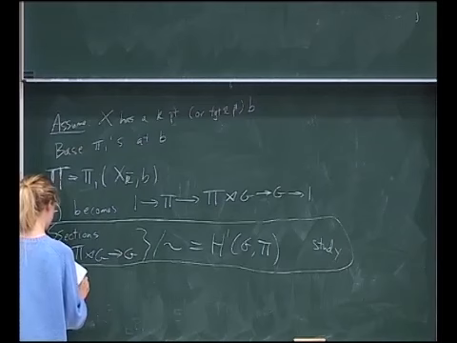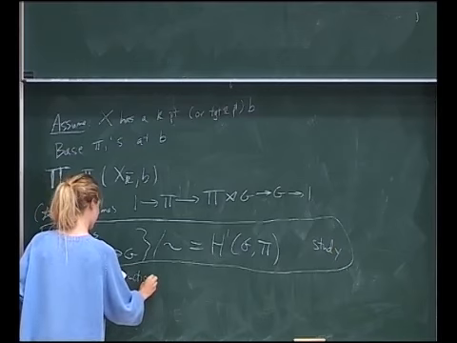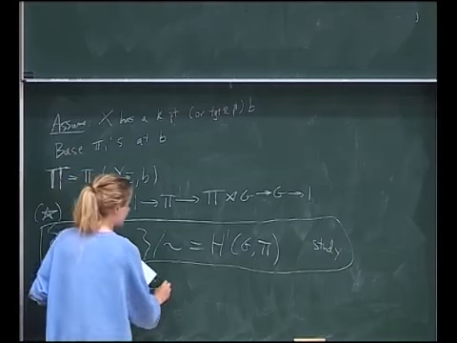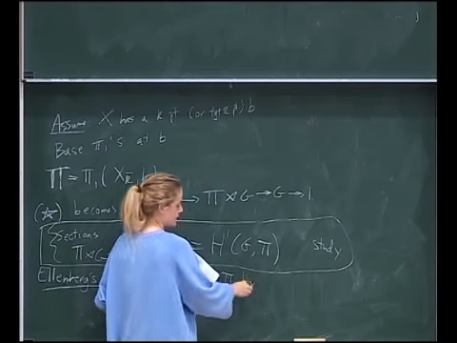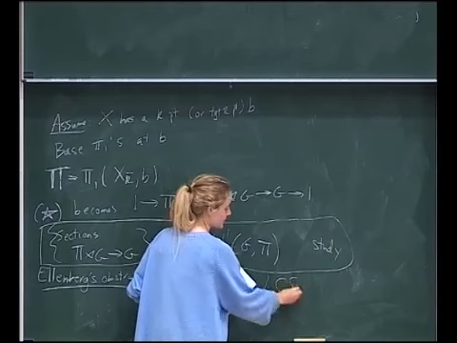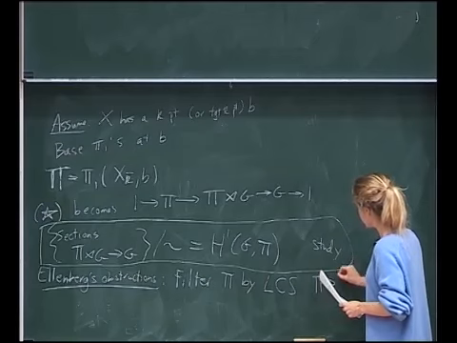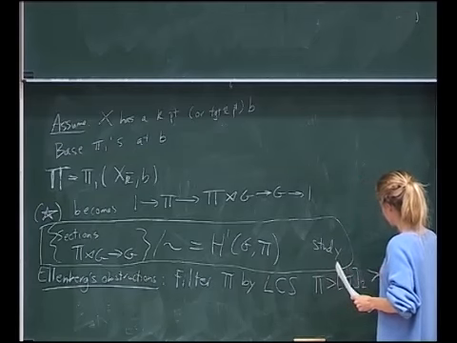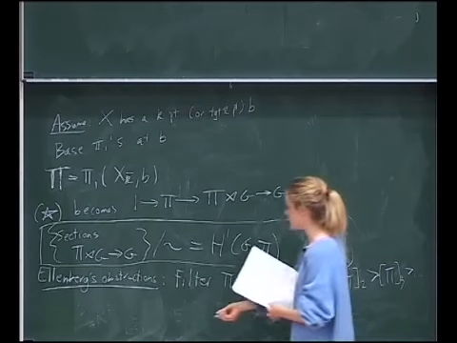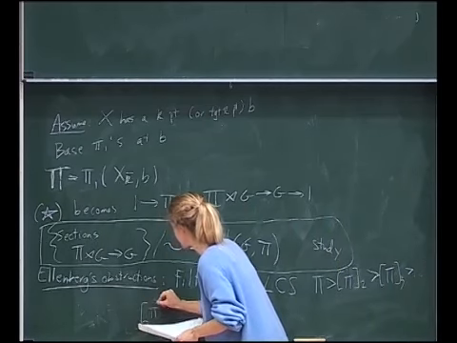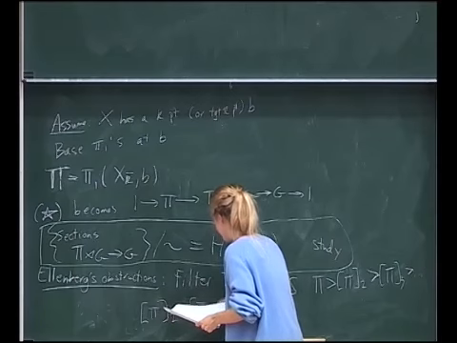And these use nilpotent approximations of pi. They use the lower central series of pi. So Ellenberg's obstructions. We filter pi by the lower central series. And this lower central series, just for short. So we have pi contains pi 2, pi 3, and this is more notation.